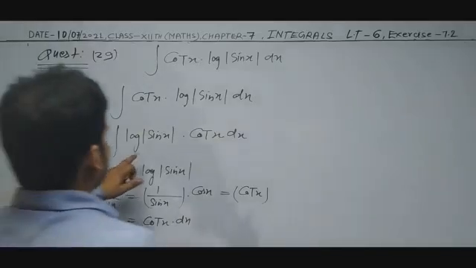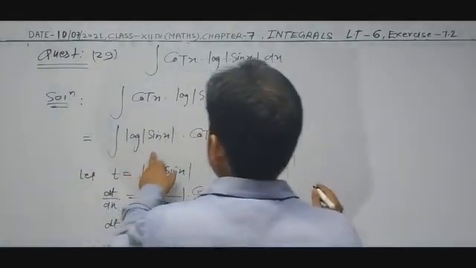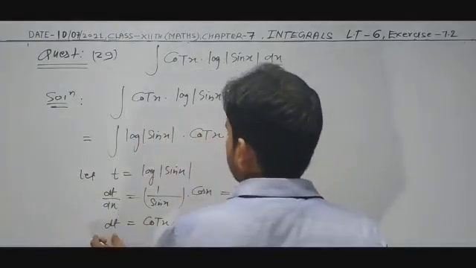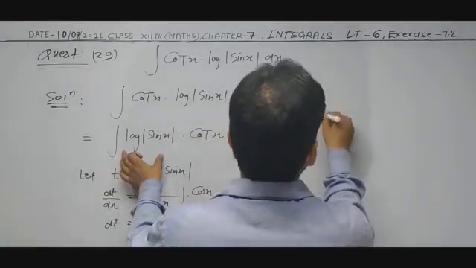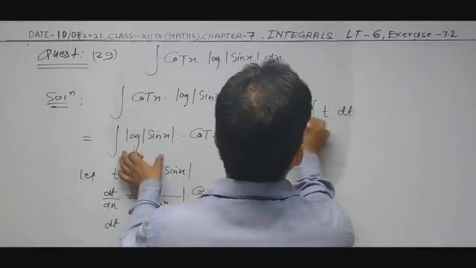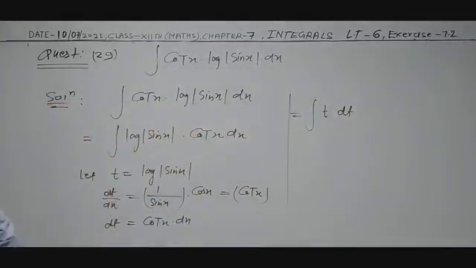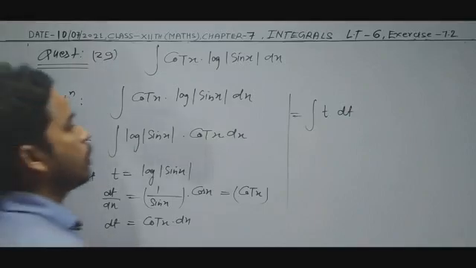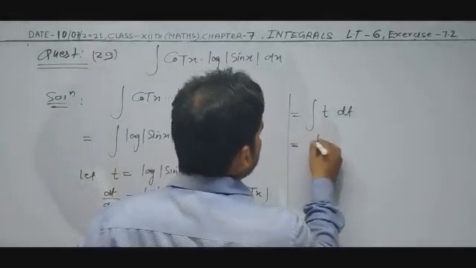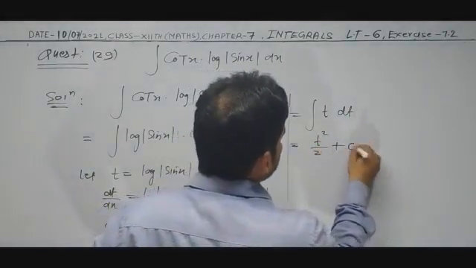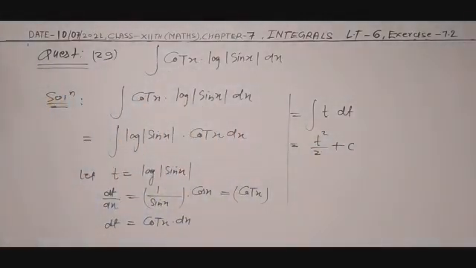So see these steps. Cot x dx can be written as dt, and log of sin x can be written as t, so the integration has converted into t times dt. Now the integration of t dt will be t square by 2, by using the formula for x to the power n dx, which is x to the power n plus 1 upon n plus 1.